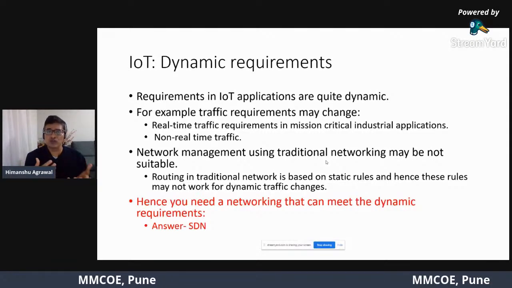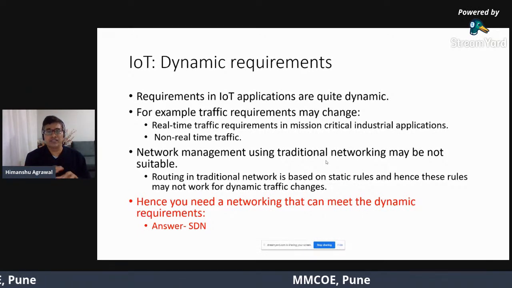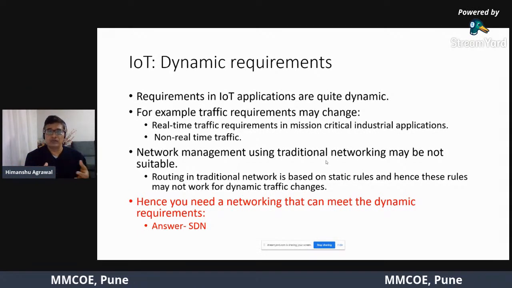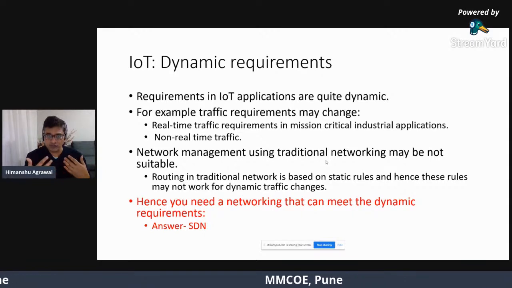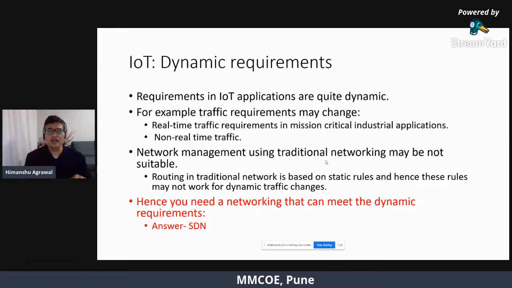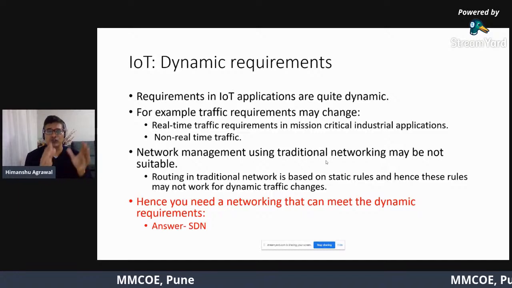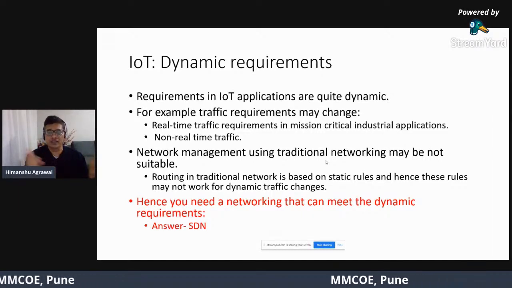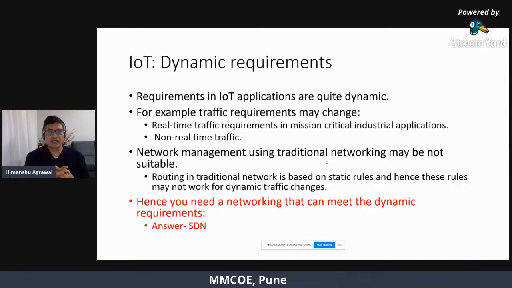But these rules may not work when the requirement is quite dynamic. So this can be done if you have software-defined networking, which is programmable, right? So all you can do is program these rules on the software-defined networking controller, right?